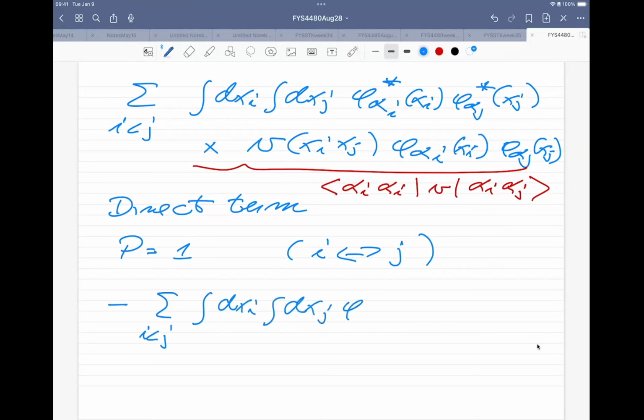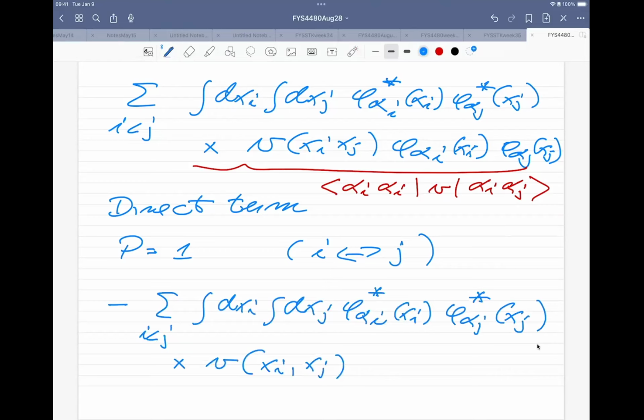And the left-hand side is left unchanged because we don't have an anti-symmetrization operator acting on it. So it always keeps the same order of xi, xj. And this is then multiplied with v of xi, xj. But now I have interchanged. So in alpha i I have xj, and in alpha j, I have xi.